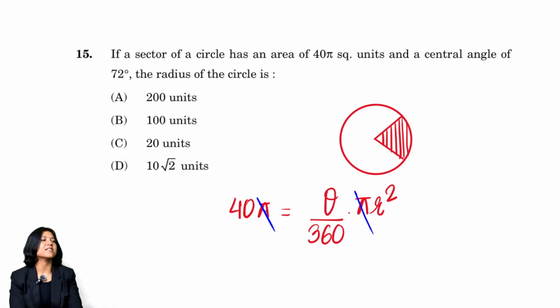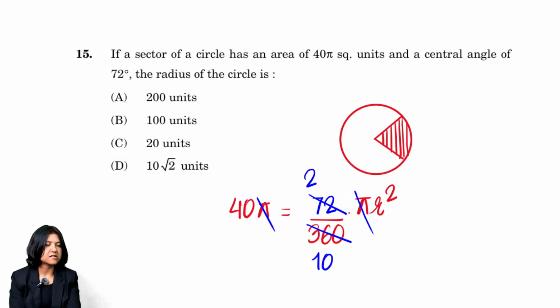I'll swap theta with the angle given to me, 72. Now 36 is just half of 72. So 36 times 2 is 72, then 36 times 10 is 360, and 2 times 5 is 10.